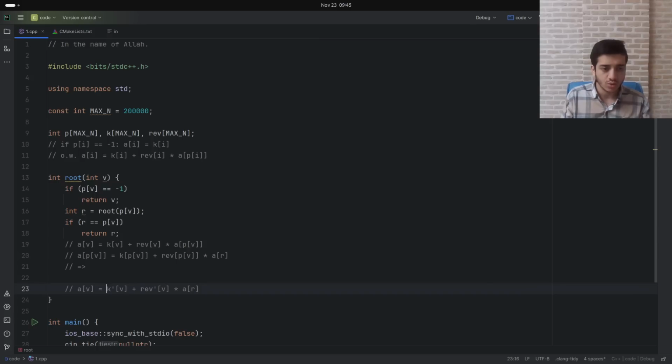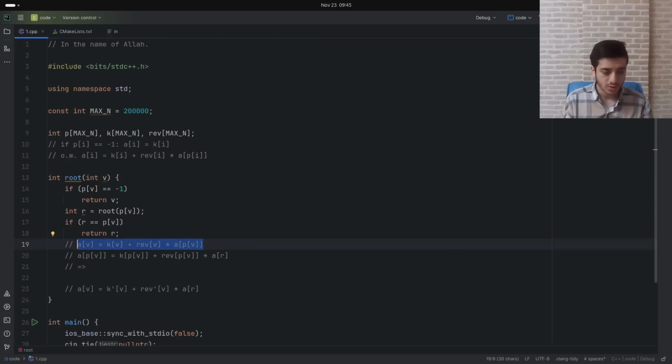These two are things that I want to find, and these two are the equations that I already have. So that's going to be simple. I'm going to replace this in the first equation.